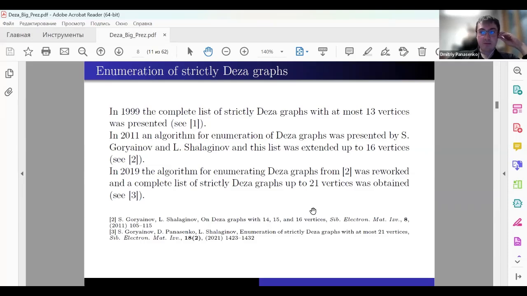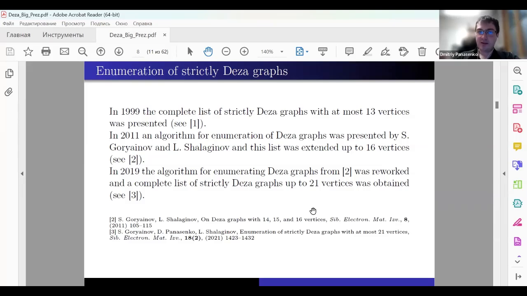Now I will talk about enumeration. In the first paper, when they were introduced in 1999, the complete list of strictly Deza graphs with at most 13 vertices was presented.